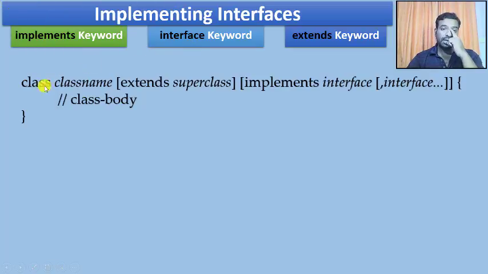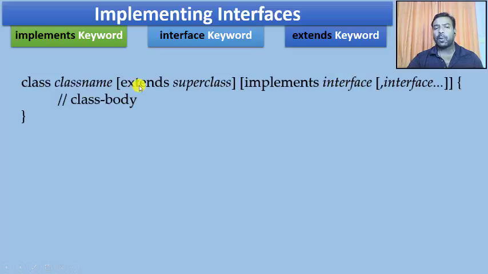Now, for example, just look at this syntax I am using here. I am going to create a class now, and whatever class I am going to create can make use of inheritance using the extends keyword and a superclass. It can extend. At the same time, it can implement an interface also. Hence, I am going to use the keyword implements and give the interface.